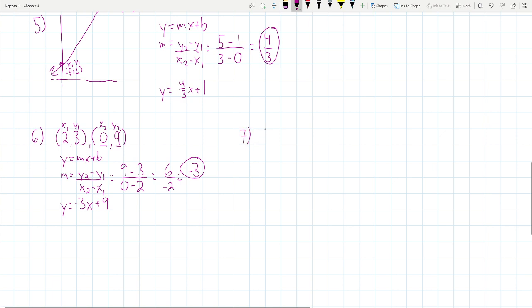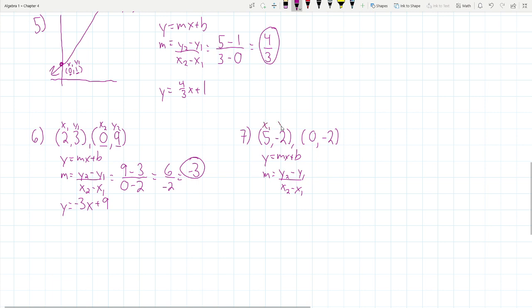Number 7, we're given 5, negative 2. And we're given 0, negative 2. So whenever I look at this, I say, okay, I need y equals mx plus b. My m equals y2 minus y1 over x2 minus x1.